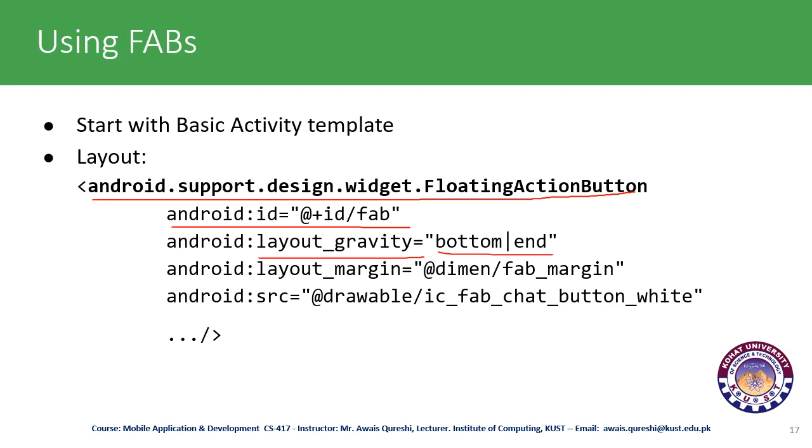It is on the bottom and on the end, and its layout margin is fab underscore margin. This is the property, and then this is the image source, the white button image. So this is the way with the help of which we can add floating action buttons in our XML file.